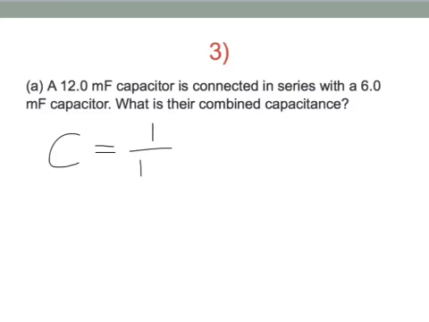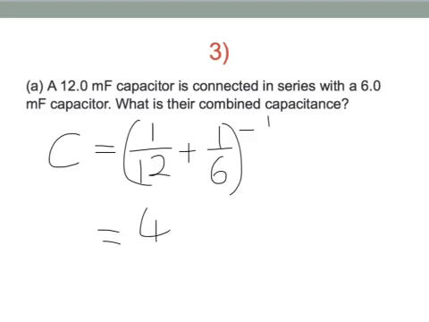We take 1 over 12 plus 1 over 6 and to the power of minus 1. Invert everything once we sum it. So that ends up being 4.0 millicoulombs.